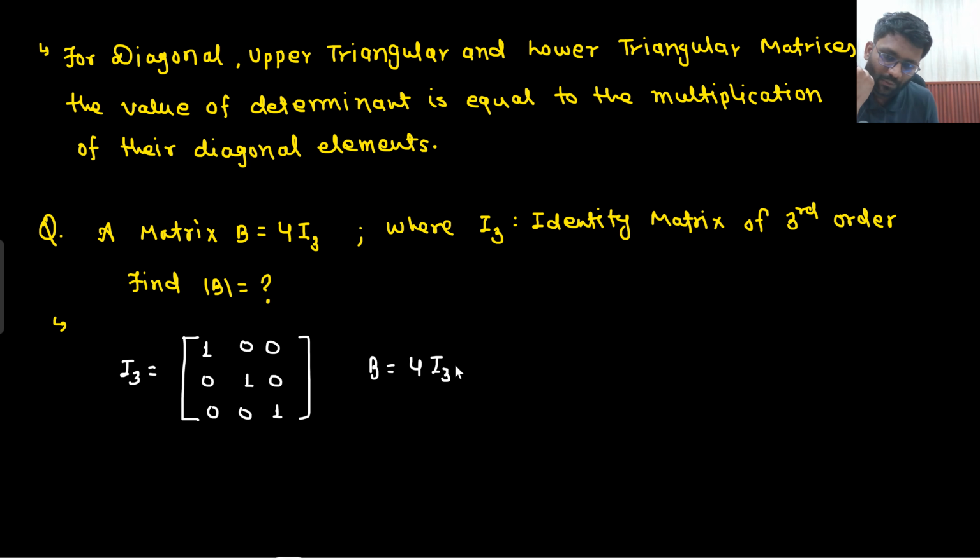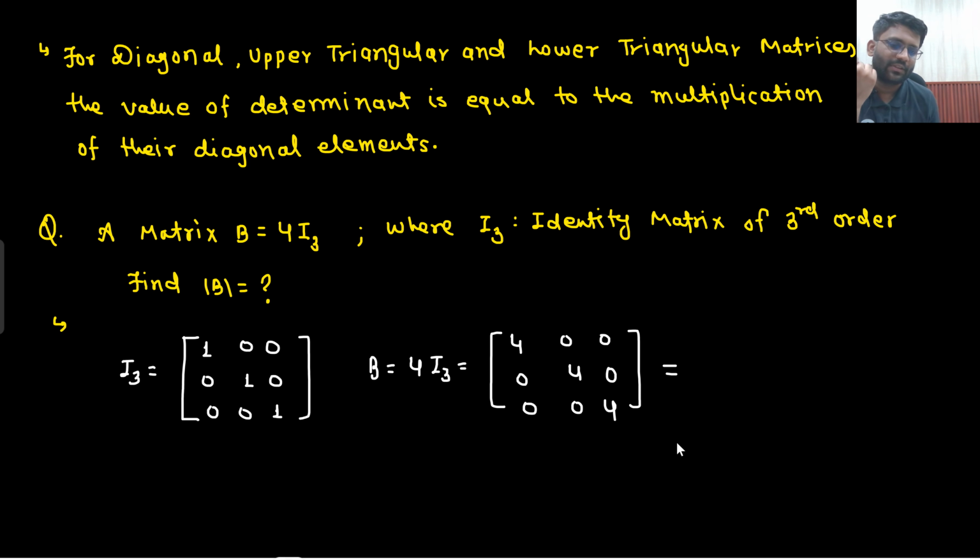B is nothing but 4 I3. So 4 0 0, 0 4 0 and 0 0 4. What kind of matrix is it? Diagonal matrix. So just multiply 4 into 4 into 4. That will become 4 to the power 3. That will be 64.